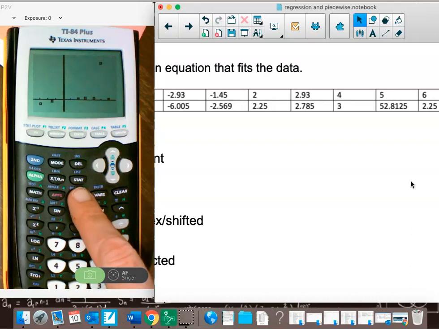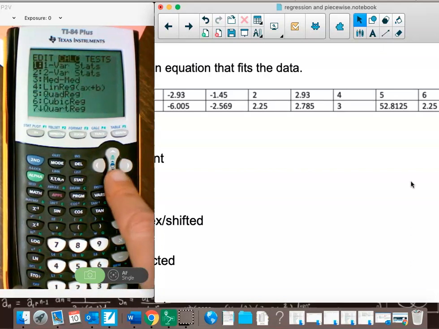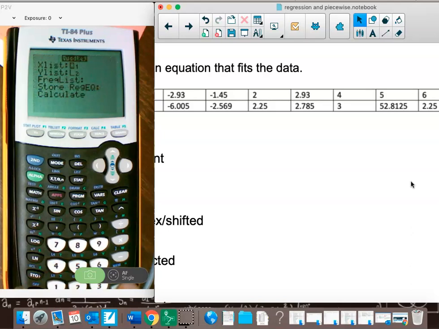So we hit stat, arrow to calc, and then go down to quadratic regression, and then just enter all the way through. Notice the format. This says it's y equals ax squared plus bx plus c.